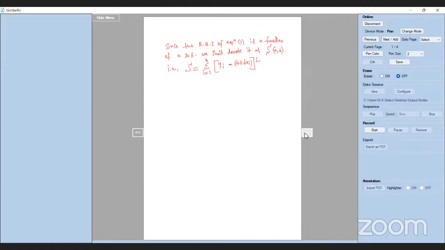Now, according to the principle of least squares, we have to determine the parameters A and B so that this one takes a minimum value.